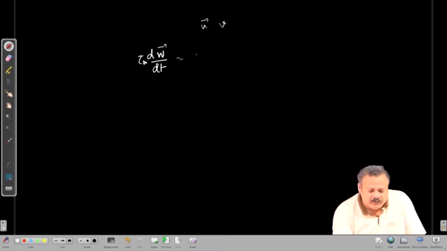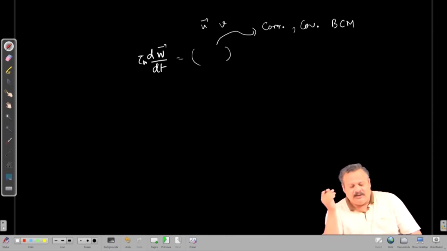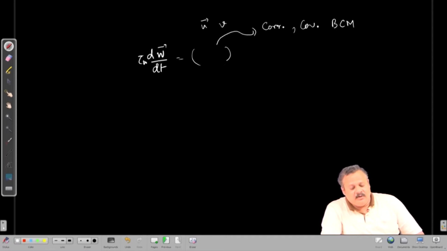And so, the rules that we have considered are the correlation based rule, the covariance based rule, and the BCM learning rule. And we saw that the BCM learning rule overcomes most of, rather all the problems that are associated with the Hebbian correlation based learning rule or covariance based learning rule, and appears to work very well.